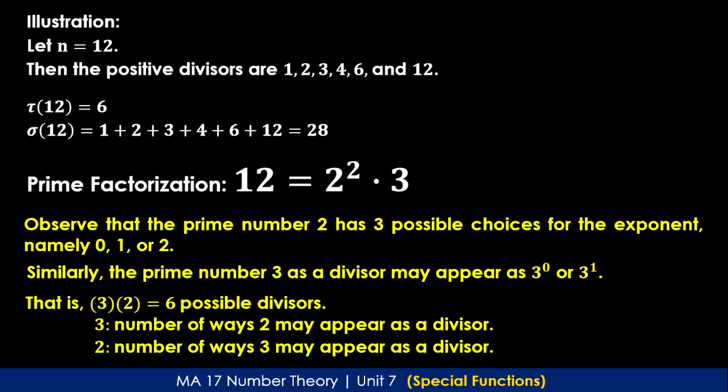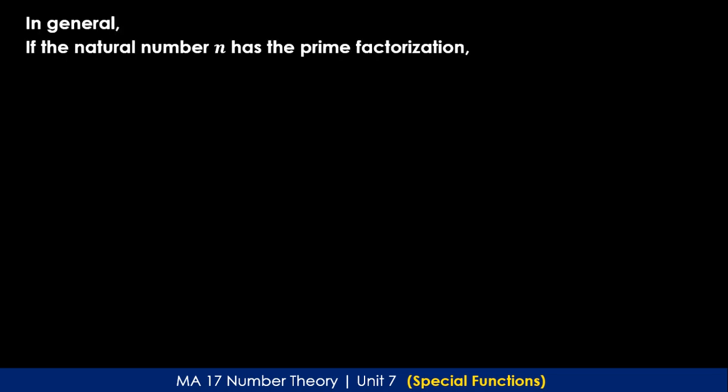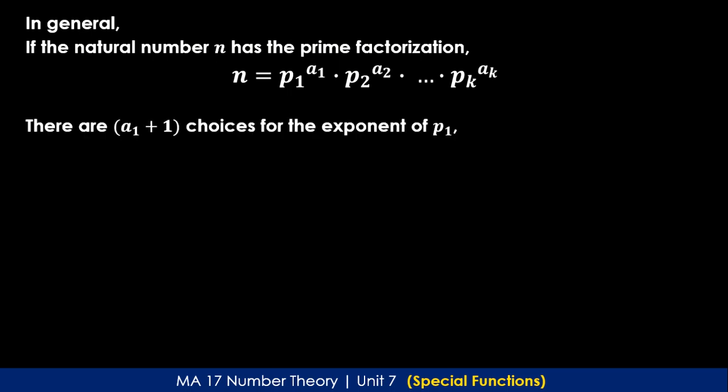If we generalize this idea, given the prime factorization of that number, p sub 1 raised to a sub 1 times p sub 2 raised to a sub 2 times up until p sub k raised to a sub k, we have the exponents of all those prime factors.